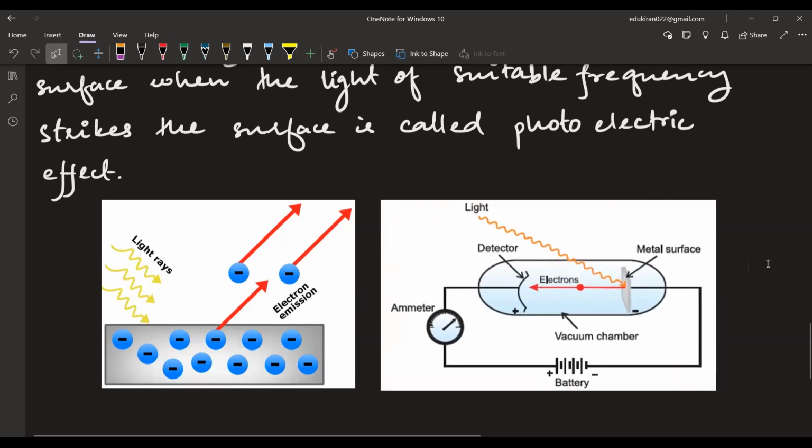Okay, so this is how it happens. Here you have a metallic surface, and there is vacuum here. The glass tube is a vacuum chamber.